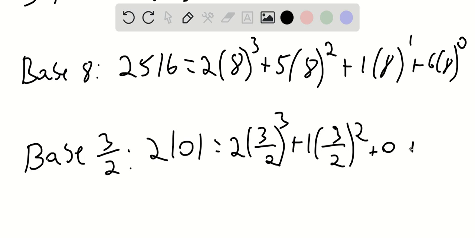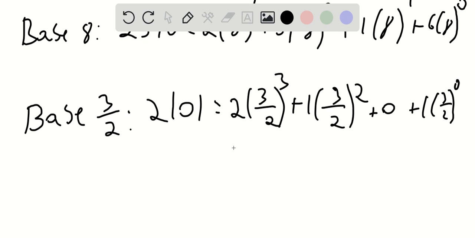And then plus 1 times 3 halves to the 0, which is just plus 1. So is this true? And if it is true, then what number is this? This should be a number that we should be able to convert to base 10. Is this true? So let's go ahead and try to compute this.